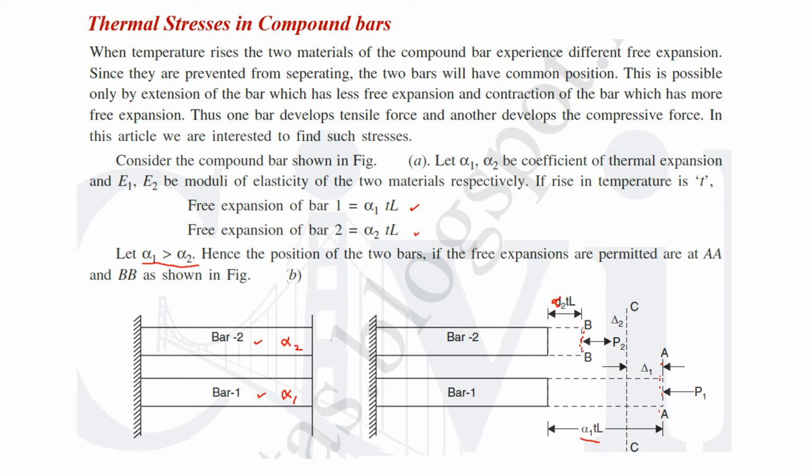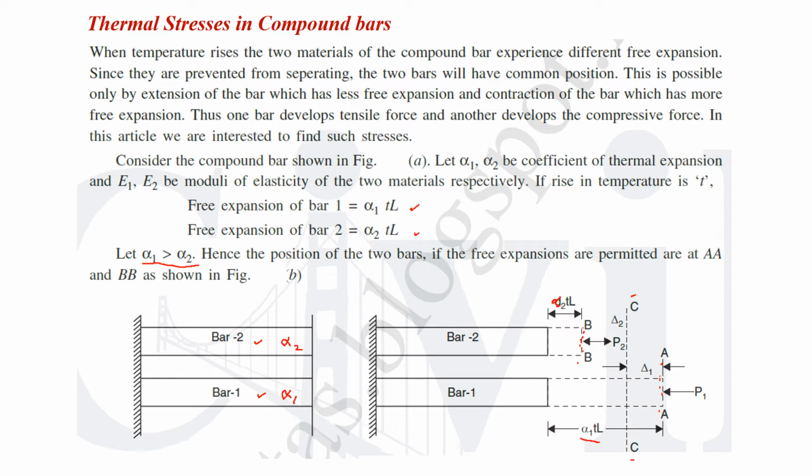But both bars should have the same final position because they are prevented from separating. Let this CC represent the final position of this compound bar. Then bar 1 has to be compressed to reach the position CC, whereas bar 2 has to be elongated from BB to reach the position CC.